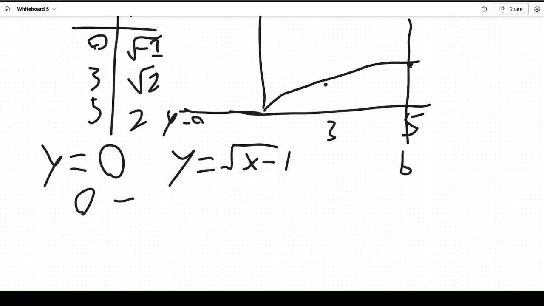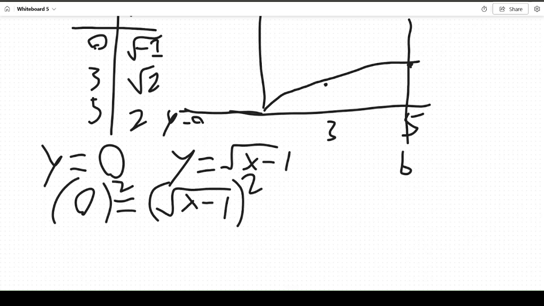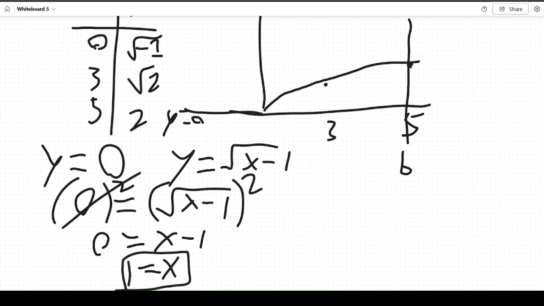Set these equal to each other. Square them, get rid of the square root. As you can see here, the other x value is x equals 1.